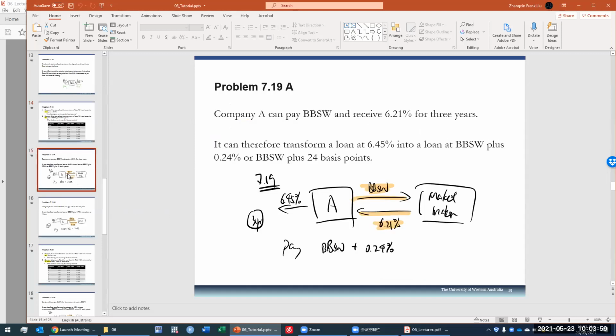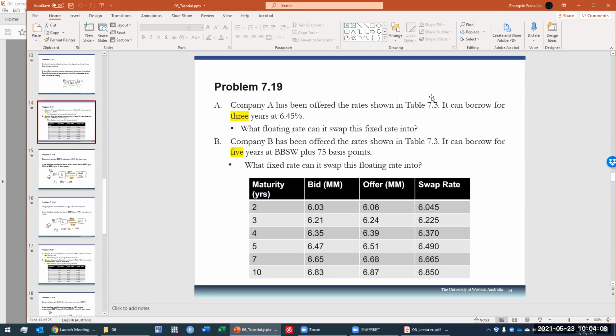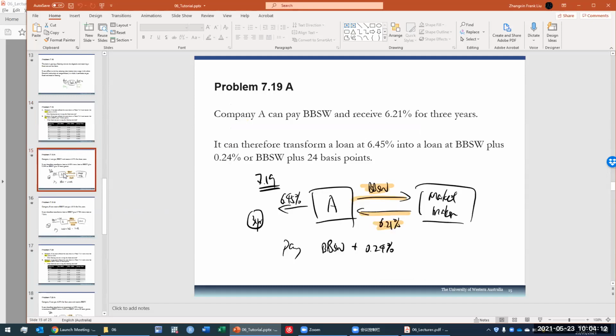So I guess it's always a lot easier for you to draw a diagram. In this case, first of all, it is borrowing. So if it's borrowing, that means here we have a rate that is paying out. This is what's given, which means that I'm currently borrowing, paying out, but I don't want it. So if I don't want it, that means I want the bank bill swap rate, right?